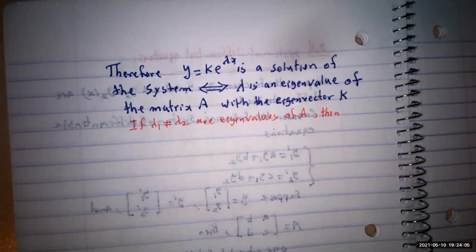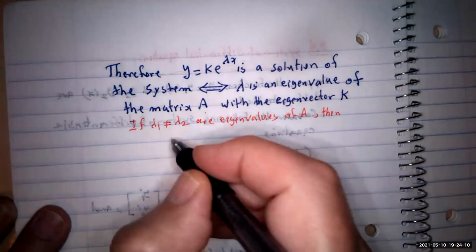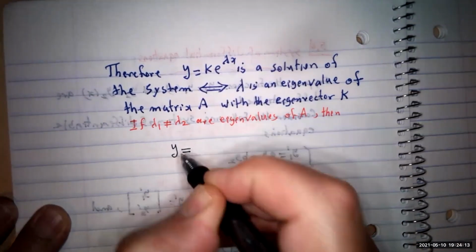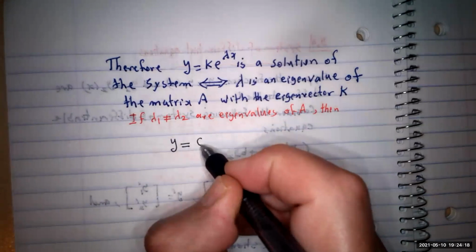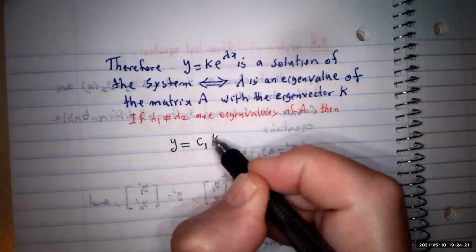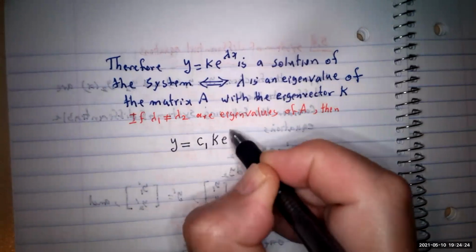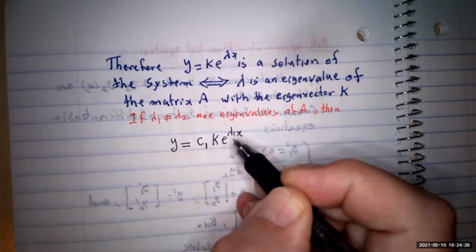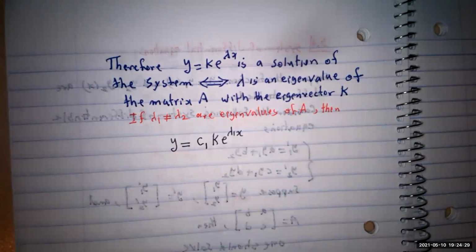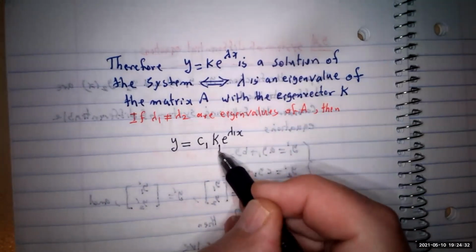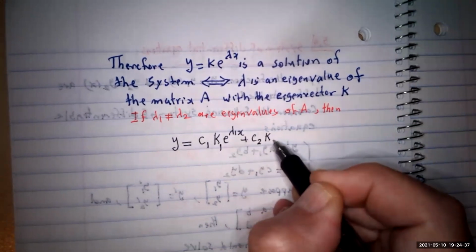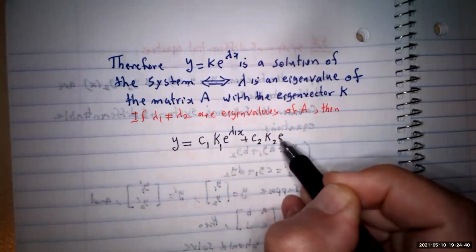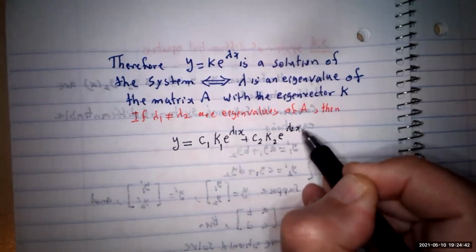So y is just a linear combination of these two. It's going to be c1 times the first solution, k1 e to the lambda 1 x, plus c2 times the second solution, with the corresponding vector k2 that we're going to find, times e to the lambda 2 x.